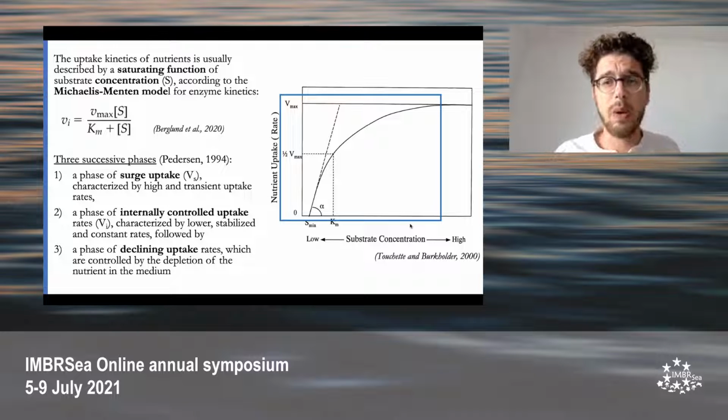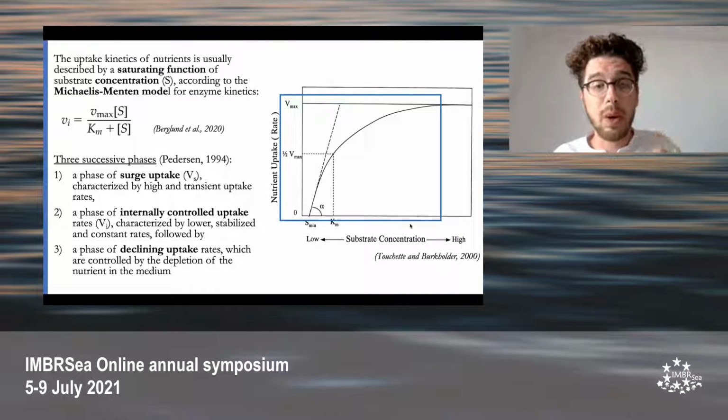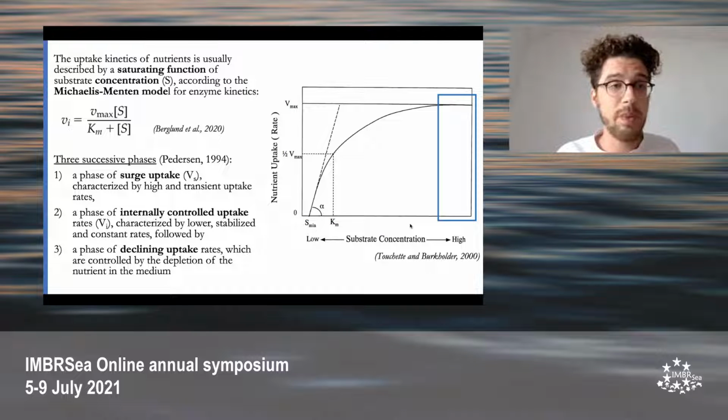And basically, you're testing different nutrient concentrations and you measure the uptake rate. Eventually, from different measurements, you get this hyperbolic curve up to the very maximum that an organism can take, and then it plateaus.